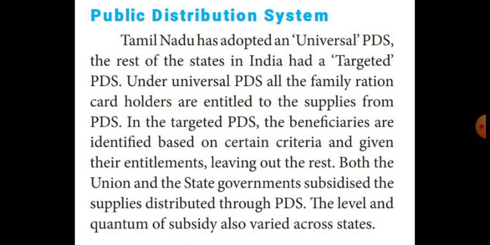Under universal PDS, all the family ration card holders are entitled to the supplies from PDS. In the targeted PDS, the beneficiaries are identified based on certain criteria and given their entitlements, leaving out the rest.